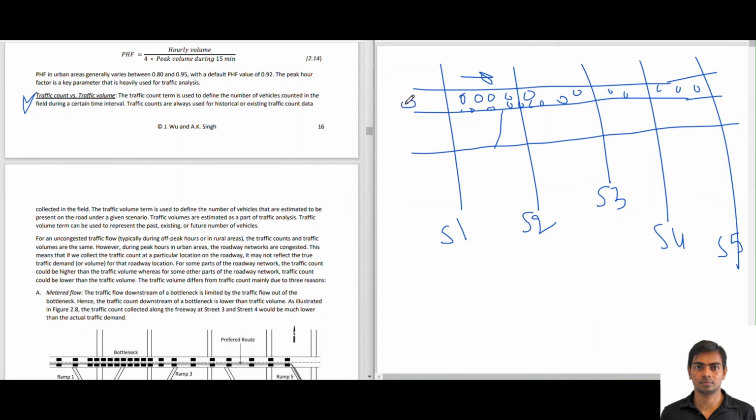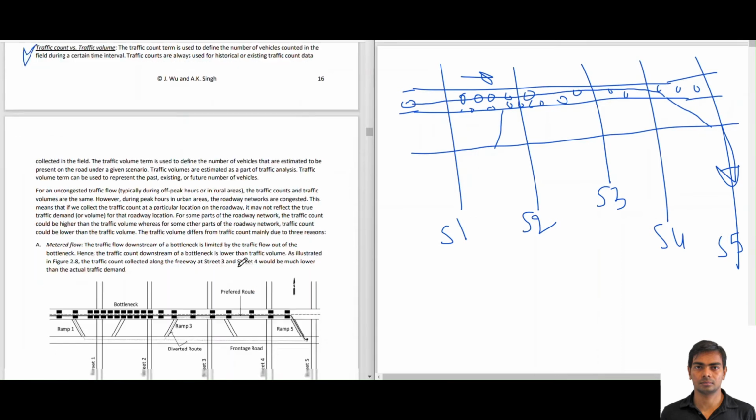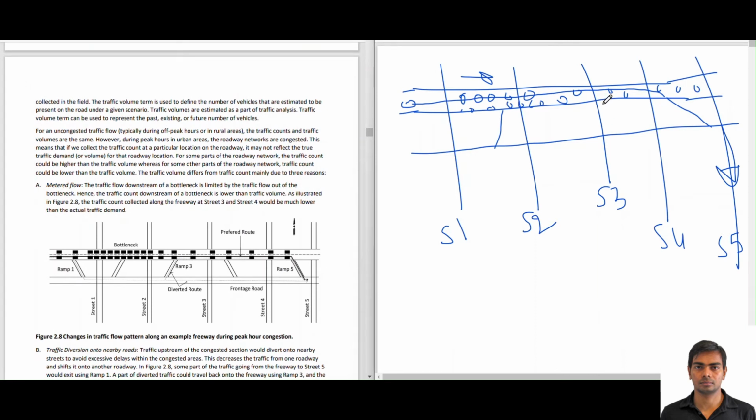Now if a vehicle which is here wants to go to this cross street in this direction, his or her preferred route would be to go straight on the freeway and take the exit ramp here. So let's say there are exit ramps here, there is one exit ramp here, one entrance, then another entrance ramp. So this is ramp 1, this is ramp 2, this is ramp 3, there is another exit, this is ramp 4, this is ramp 5.